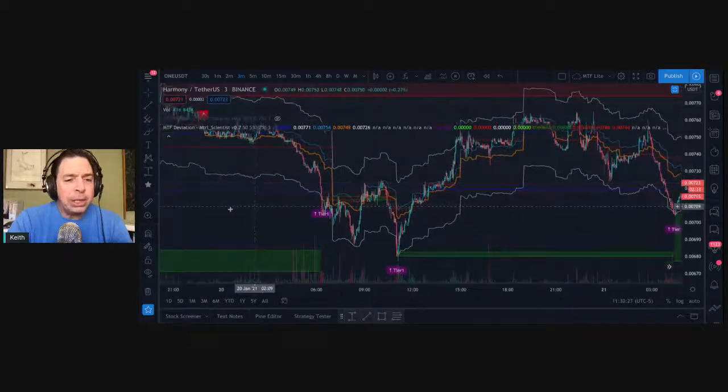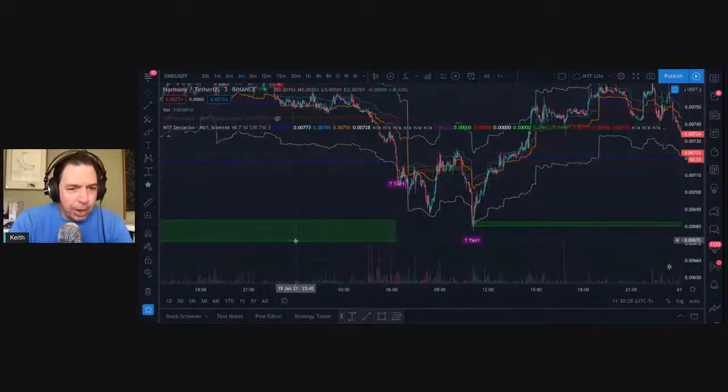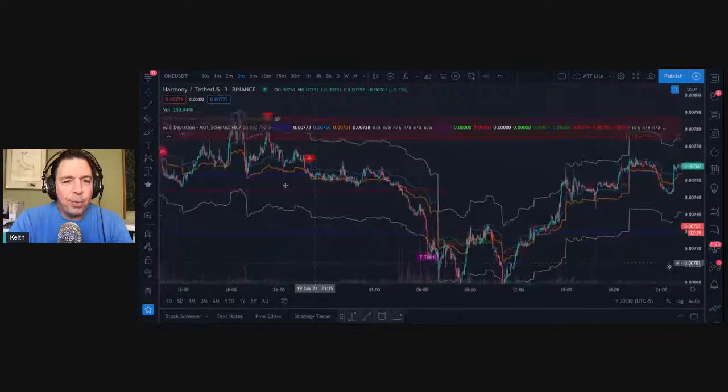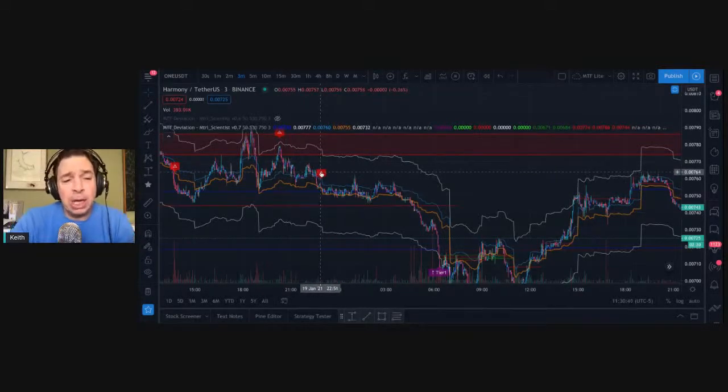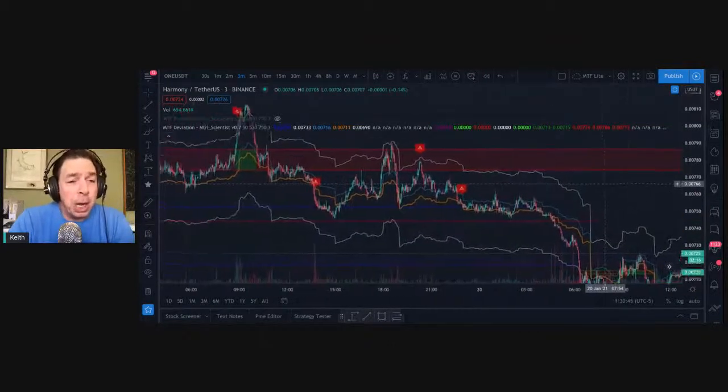So you see these green shaded areas down here that we talked about, and we have red lines up here that show previous local tops, such as this. You see this kind of warning sign alert right here, and that is essentially a potential pump and dump alert.